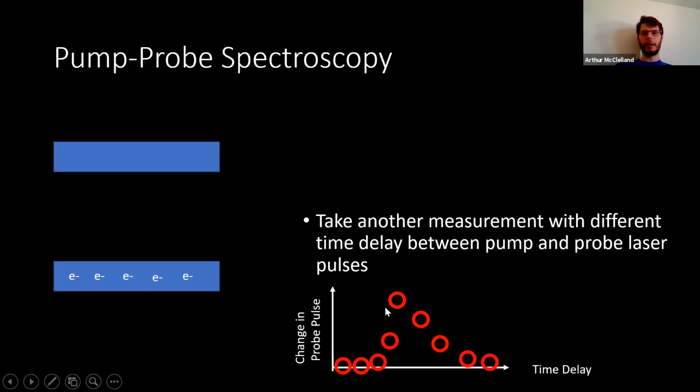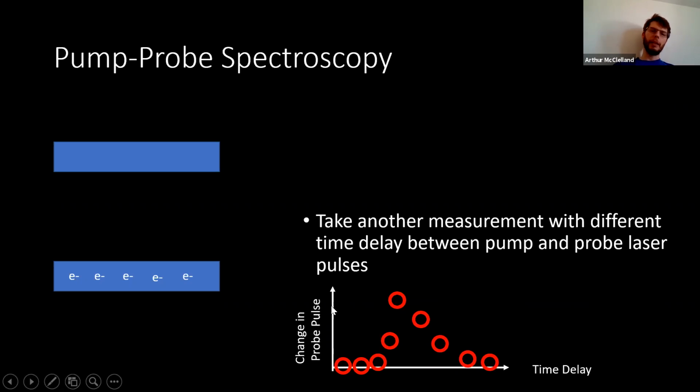And at time zero, the pump and the probe arrive at exactly the same time. And then at positive times, the probe arrives later and later and later. And eventually it will recover back to a level where it was the same as if the probe went before the pump. So this is just the system by itself.